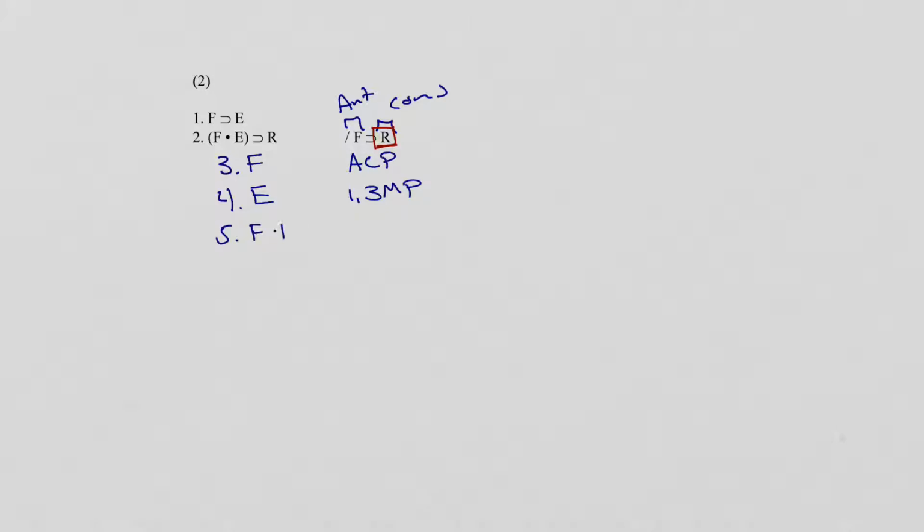We'll conjunct F and E, and then we'll use modus ponens to get R, so 2 and 5. And I'm there. I have my goal.